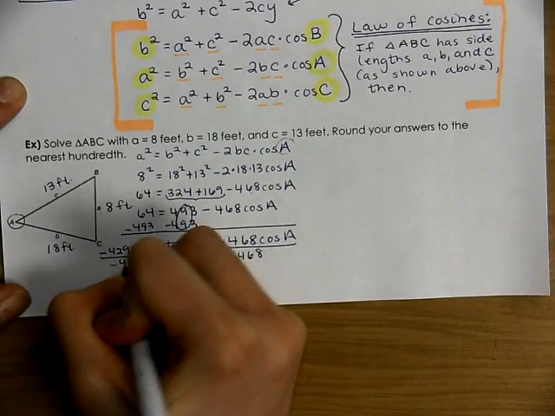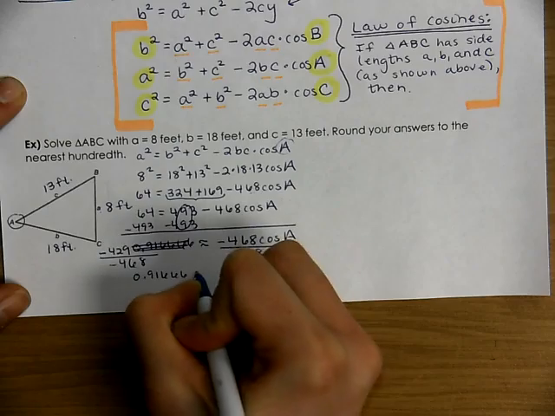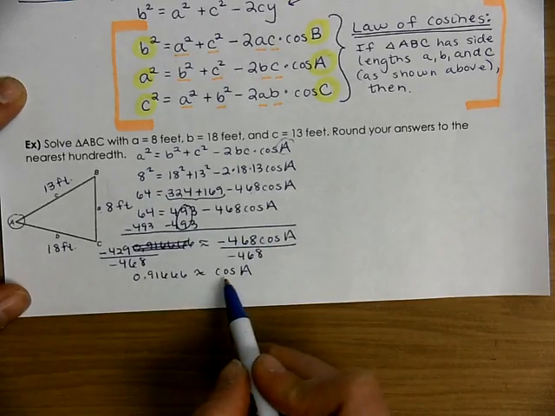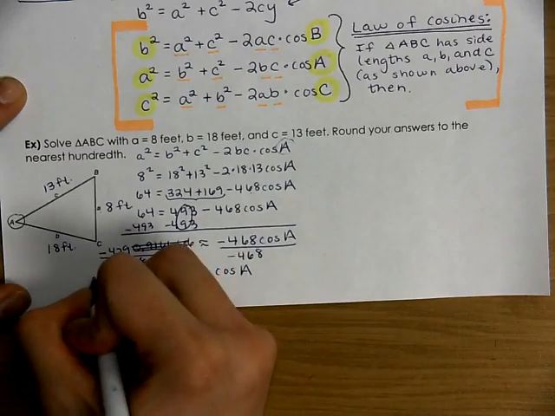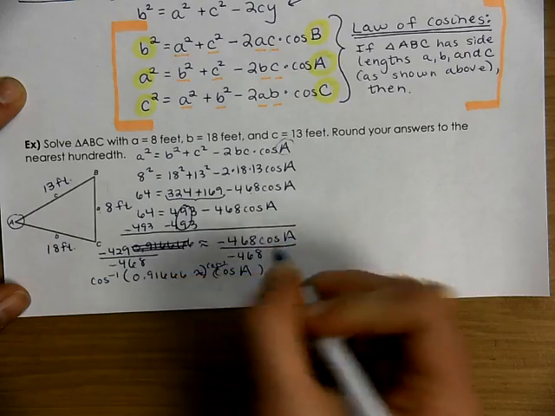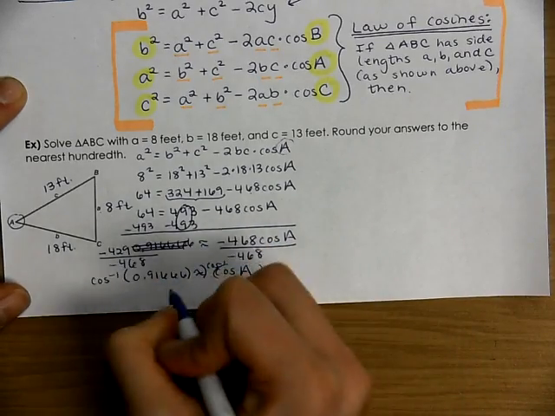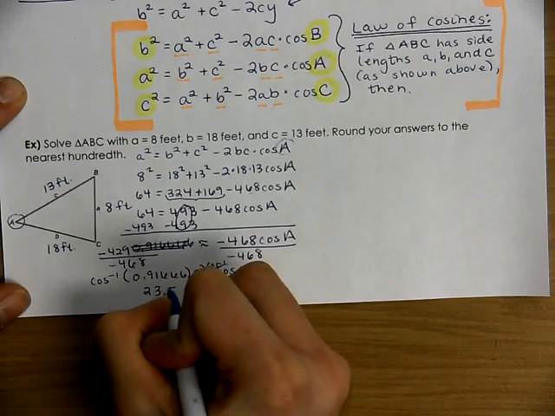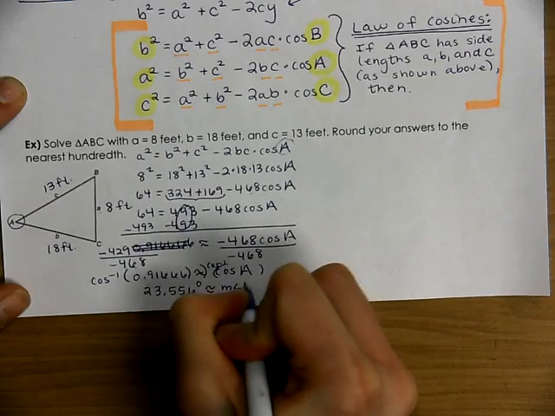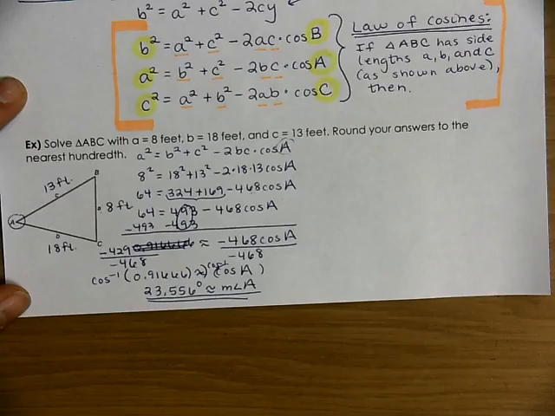This is when we get that number: 0.91666 repeating is approximately cosine of A. Now, in order to solve for A, I have to do the inverse operation, which is inverse cosine. So cosine inverse of this number. That gives us approximately 23.556 degrees. And again, we'll round to the nearest hundredth at the end.